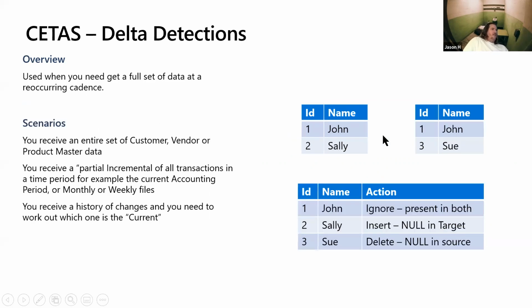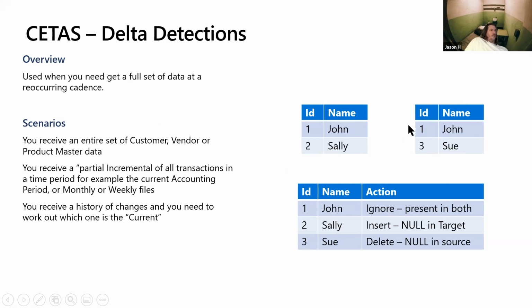The other case is doing delta detection. So if I have today's file and yesterday's file, what I can do here is a full outer join between the two files and say who's present in here and not present in here. So in this case, if this is my current file, John's there, right? So I do a full outer join, and if that join succeeds, 1 equals 1, right?